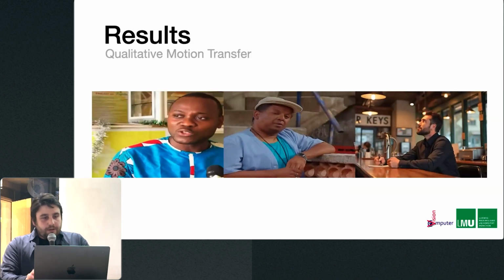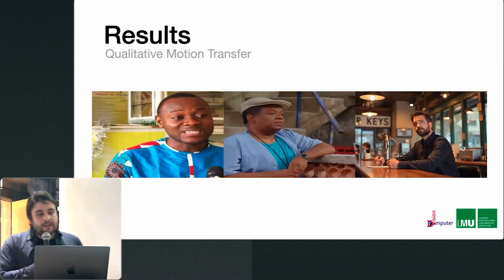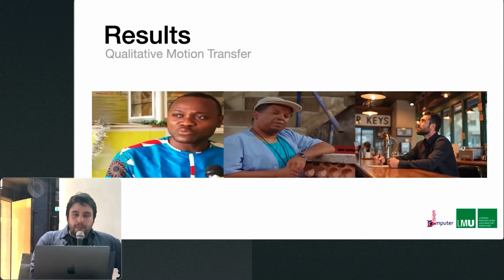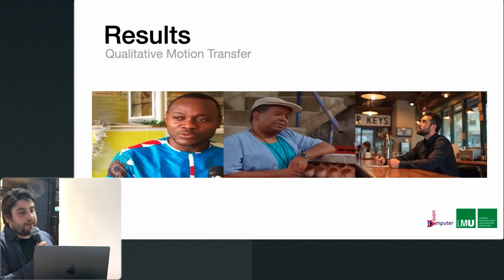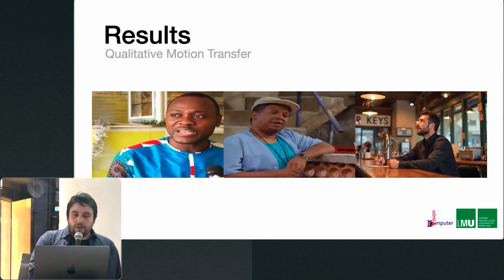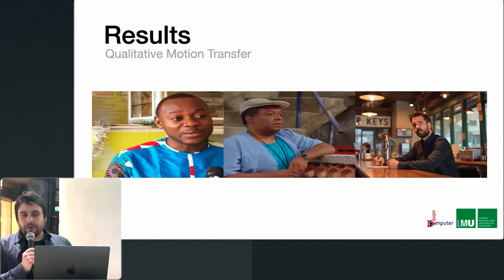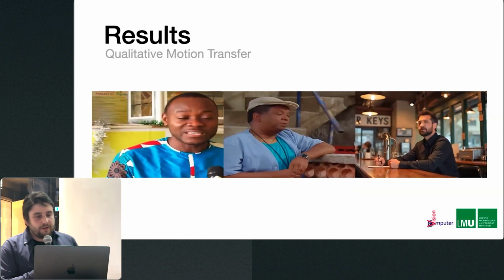And here are some basic results. To the left you can see the source video, and the middle and the right columns are generated videos. The video model that we use is CogVideoX, which is a 5 billion parameter model.